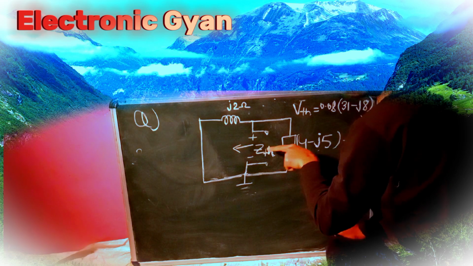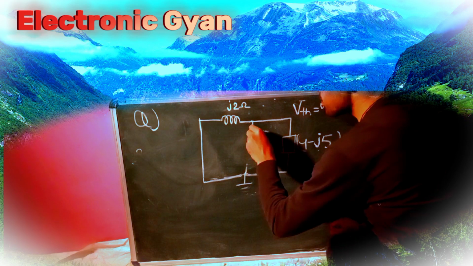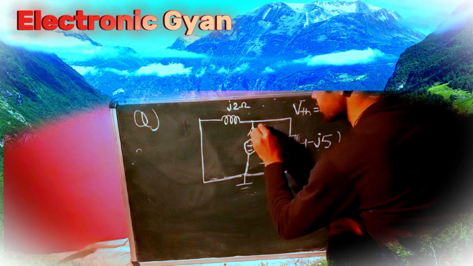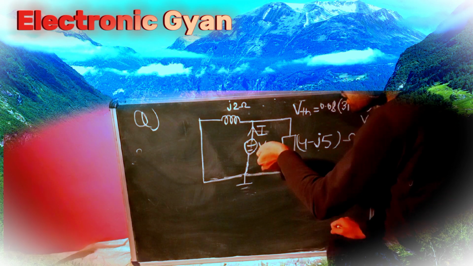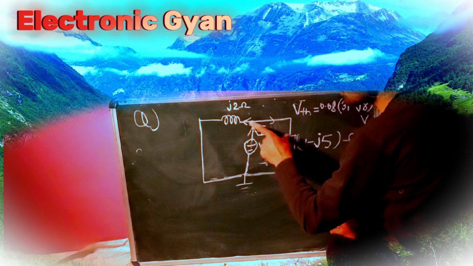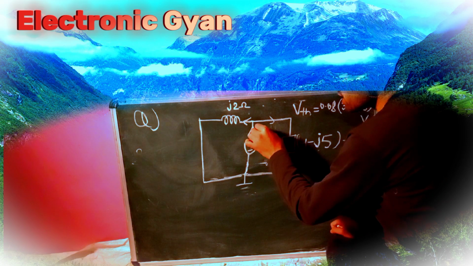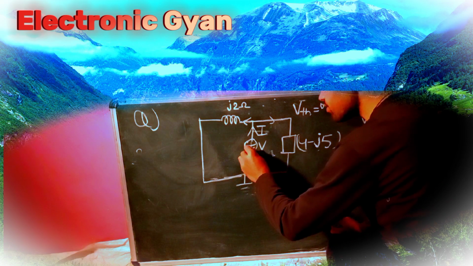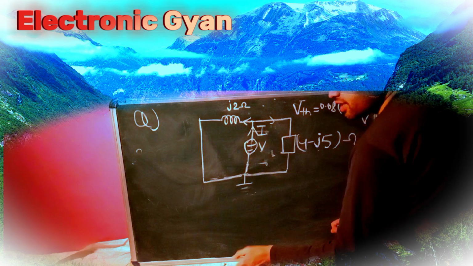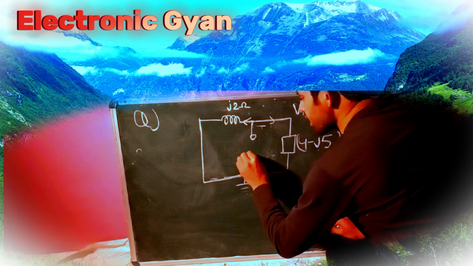We are calculating the impedance by applying a test voltage V and a test current I. When this current goes, it divides in both sides, so these two impedances are in parallel. That is for understanding purposes.